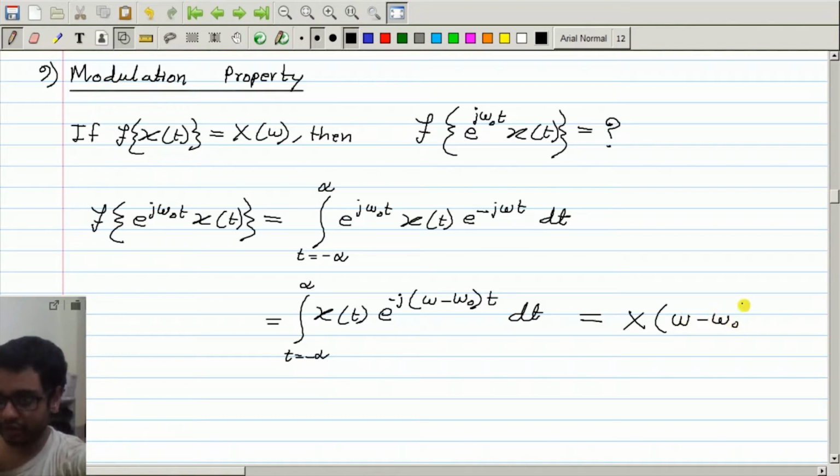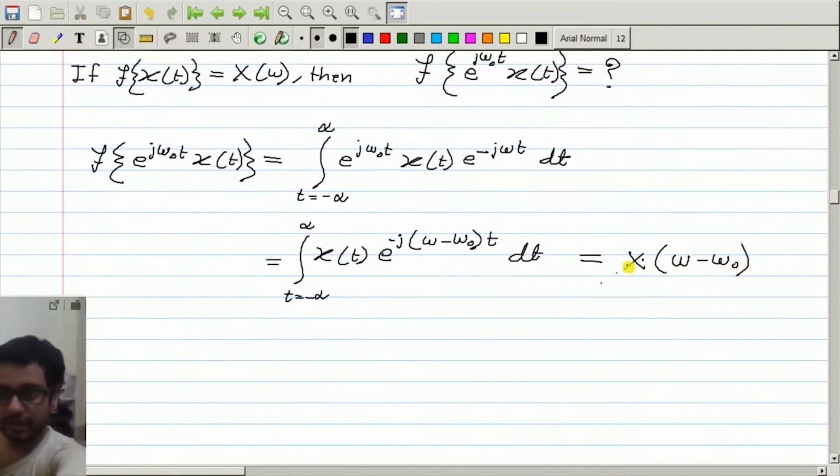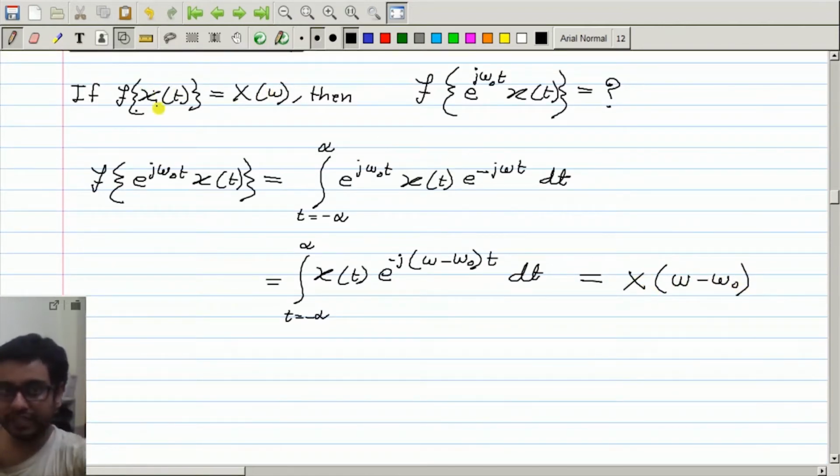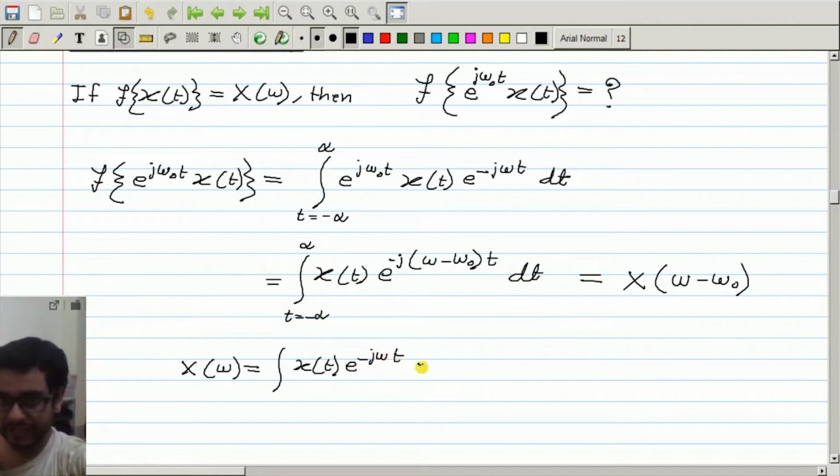So this is nothing but, you can recognize, this is equal to capital X of omega minus omega naught, because capital X is the Fourier transform of small x. So that means capital X is integration of x(t) e to the power minus j omega t dt from minus infinity to plus infinity.